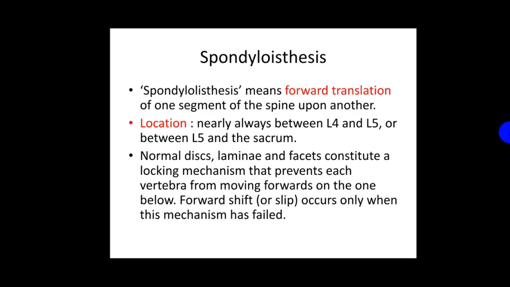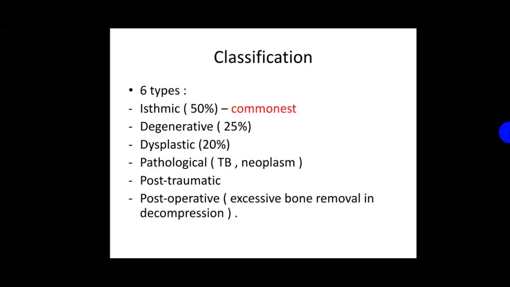بالspondylolisthesis, normal disc, lamina and facet constitute a locking mechanism that prevents each vertebra from moving forward on the one below. Forward shift or slippage occurs when this mechanism fails. هذا اللي حنحكي عنه بالdegenerative spondylolisthesis. الكلاسيفيكيشن اللي هو بنسميه Wiltse classification of spondylolisthesis اللي هو أول شيء عندنا isthmic spondylolisthesis, which is the most common, اللي هو الاسمك related to spondylolysis.